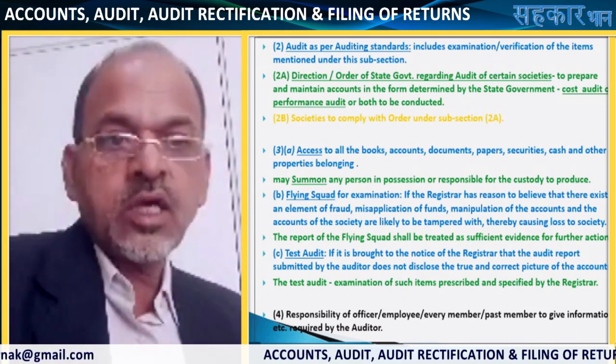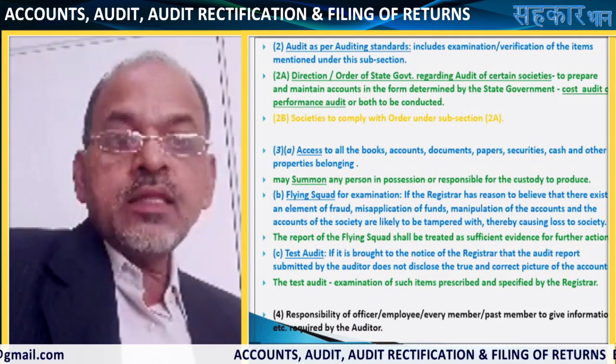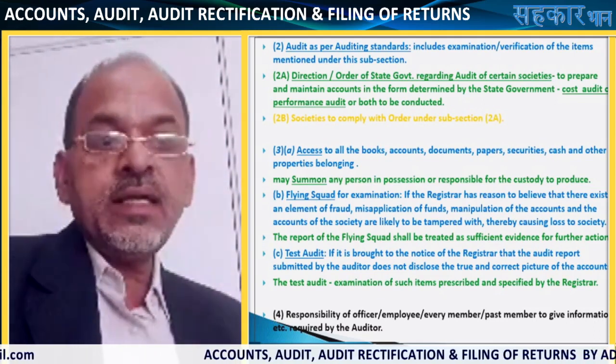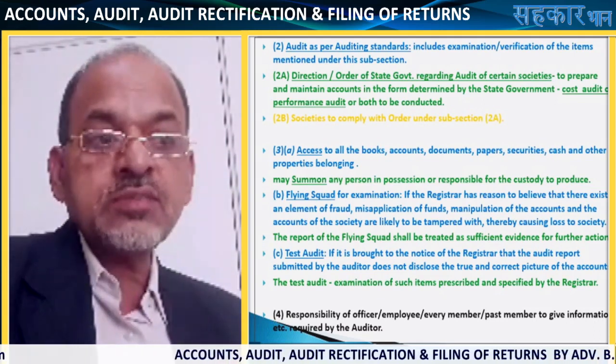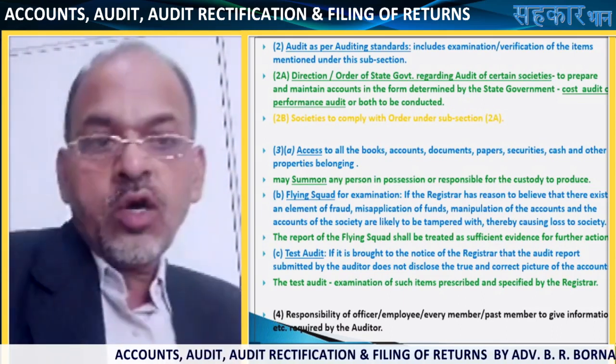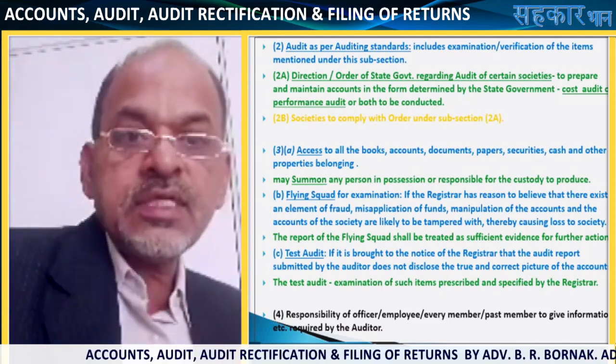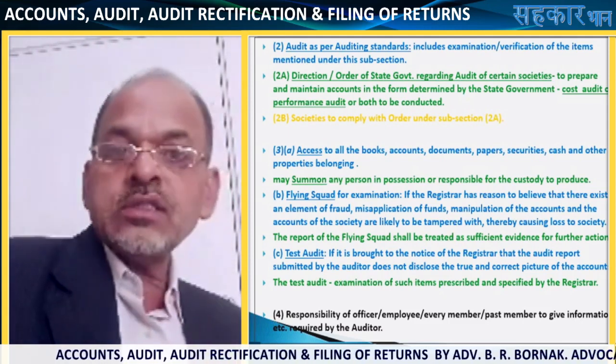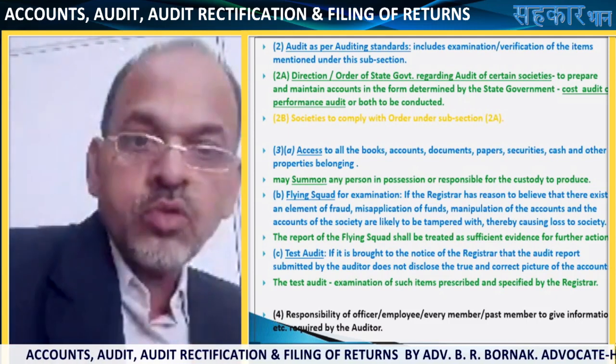A flying squad is a team of higher level officers working in the audit wing of the registrar's office. The report of the flying squad shall be treated as sufficient evidence for further action.